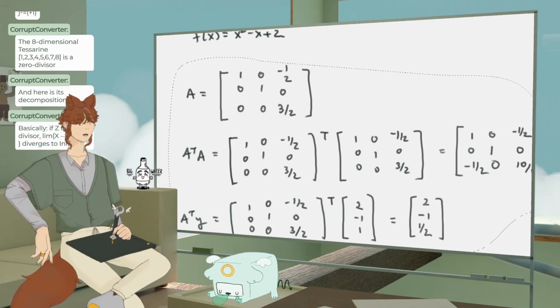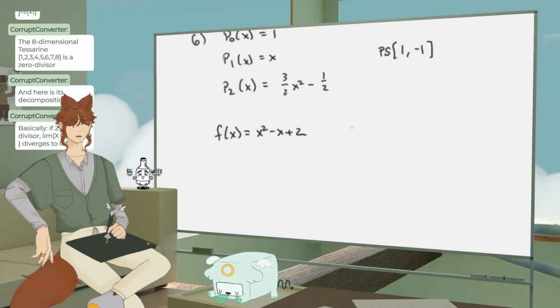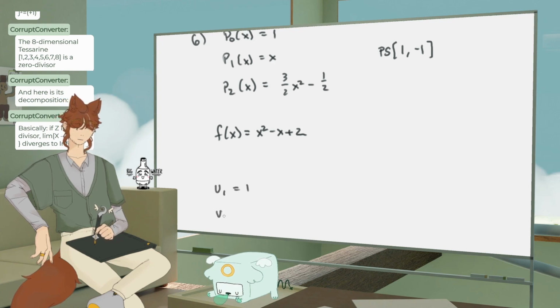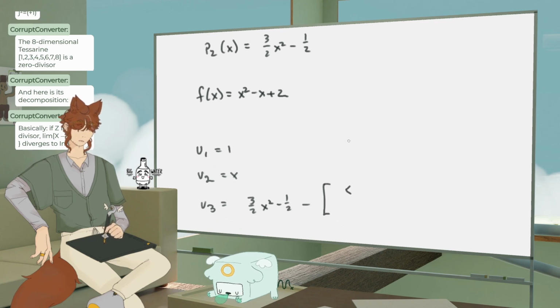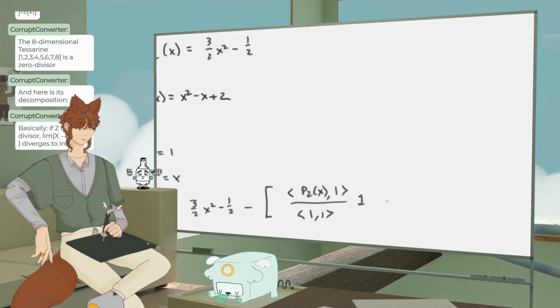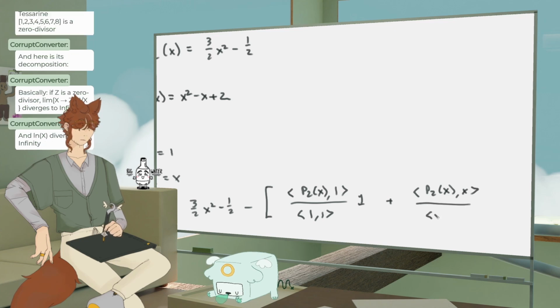They need to be orthogonalized for us to do this other thing, so I'll orthogonalize them. 1 and x are fine. But... Okay, so 3/2 x squared minus 1/2 minus the inner product of p2(x) and 1 over the inner product of 1 times 1, plus p2(x) times the inner product of x.